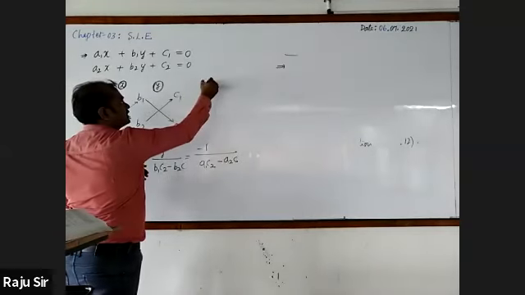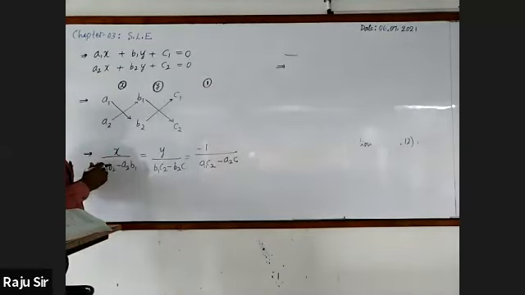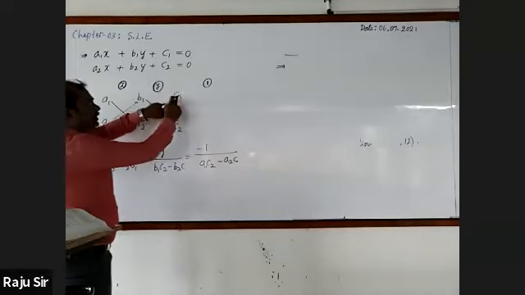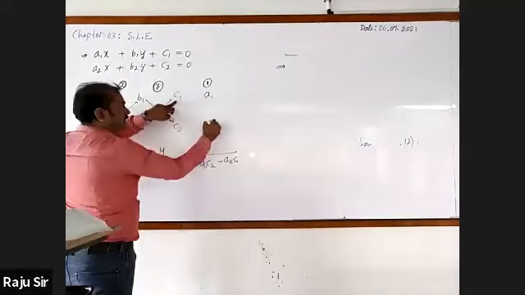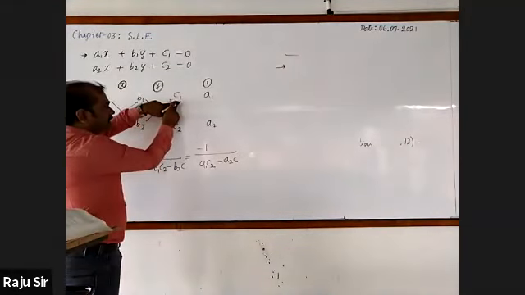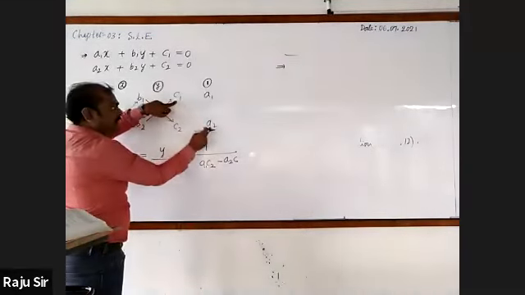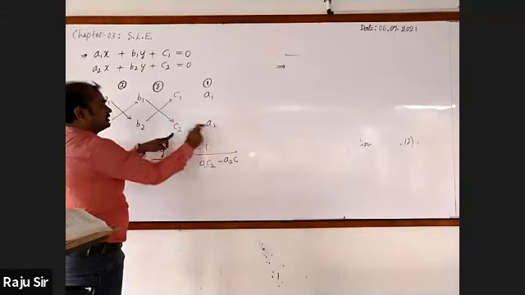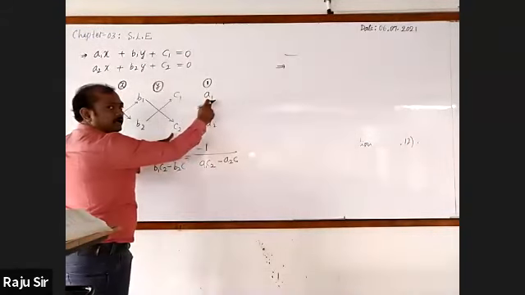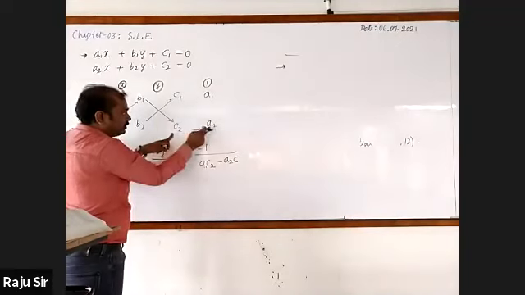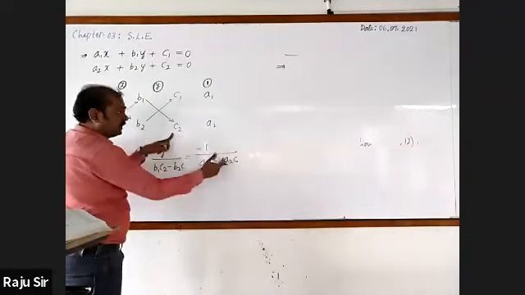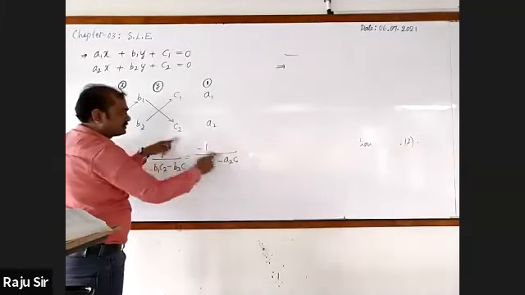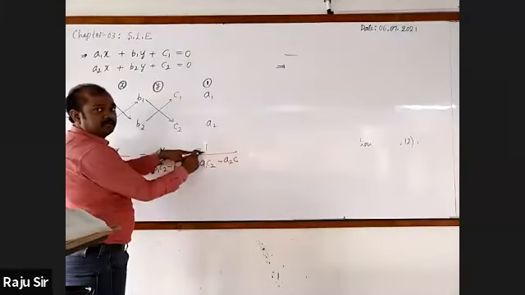Next, constant. Constant AB, BC. Next, CA. So A1, A2, it is C1, A2 minus C2, A1. C1, A2 minus C2, A1. So that is why you interchange by taking the minus.